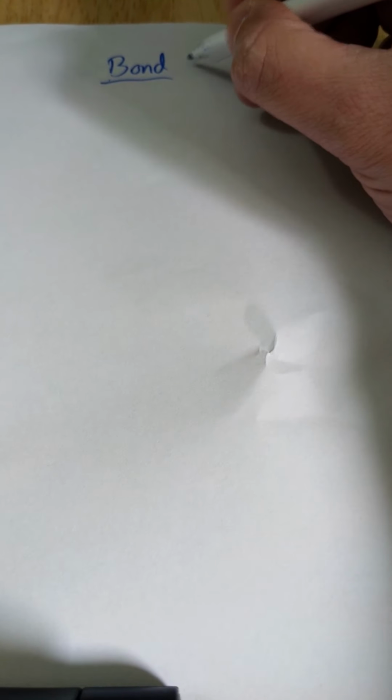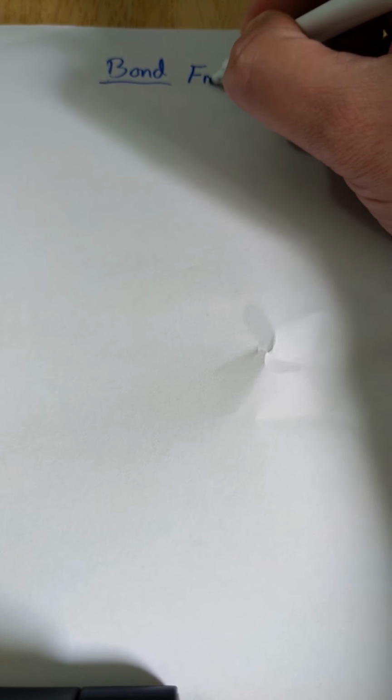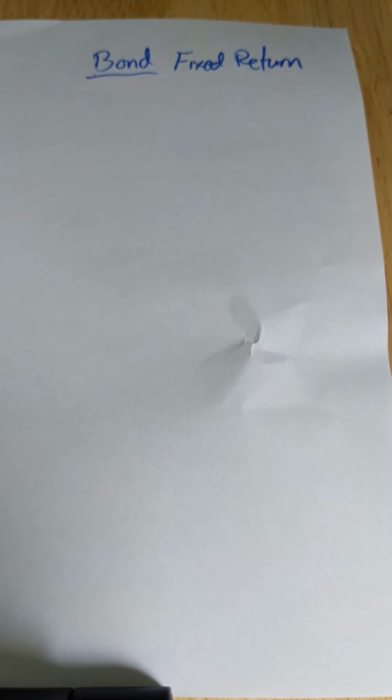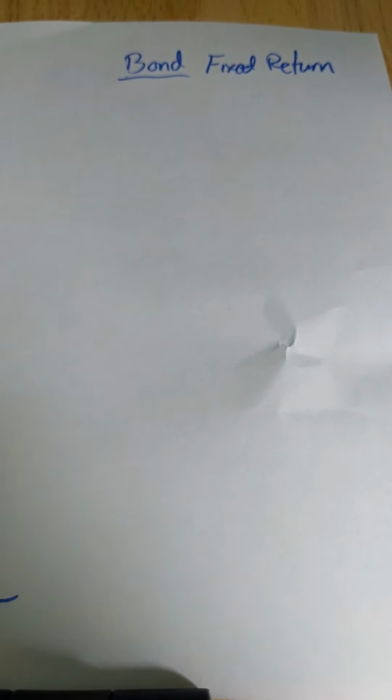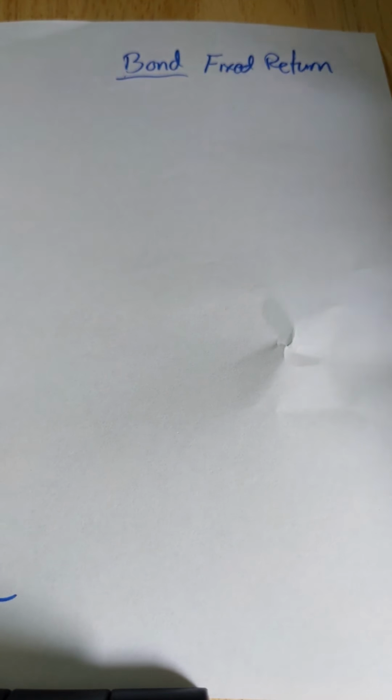That's an IOU from the federal government with a fixed return. Okay? So if you buy a $50 bond and it's going to cash out in 5 years for $100, then that's going to be a fixed return. It's going to be a fixed growth rate every year.